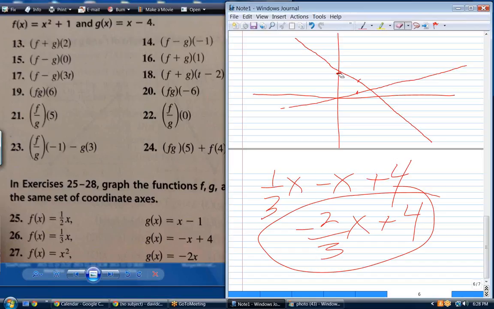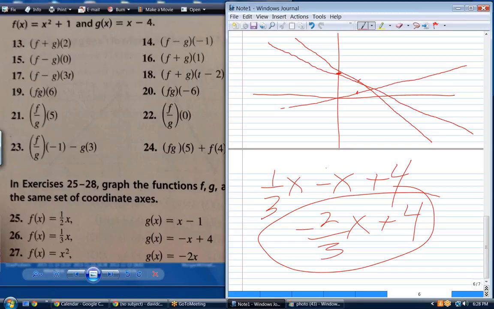Still goes through this point, which it should, because when I added that and that, I get that. And it has a slope of minus 2/3. So the graph of f plus g would look something like that. And that actually does look like the halfway point.